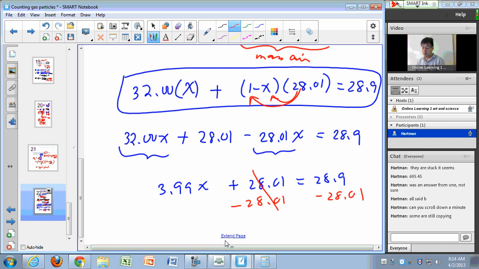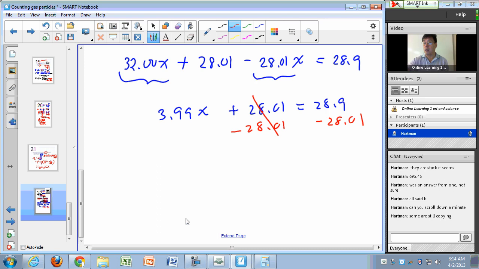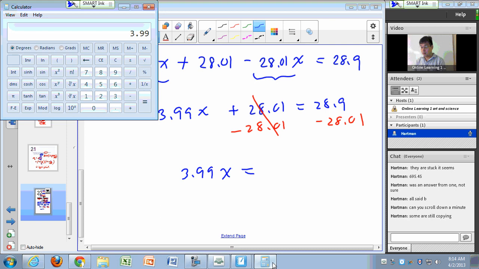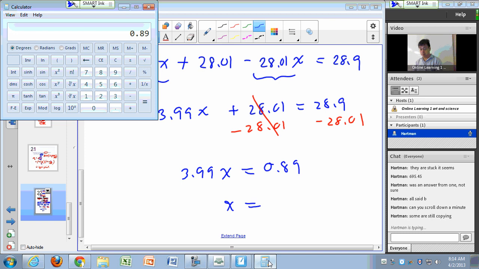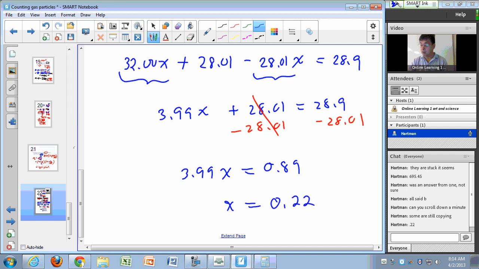That will give me 3.99x equals 28.9 minus 28.01, 0.89. And so x is equal to 0.89 divided by 3.99, and that gives me 0.22.